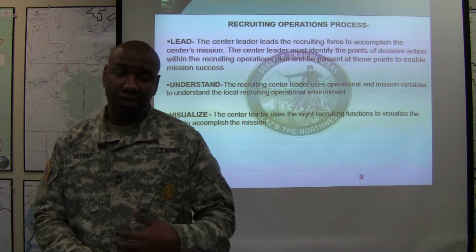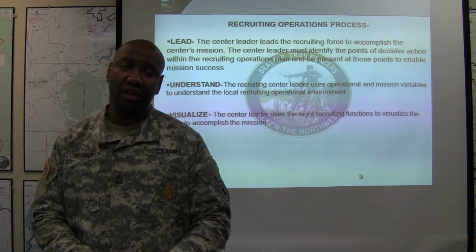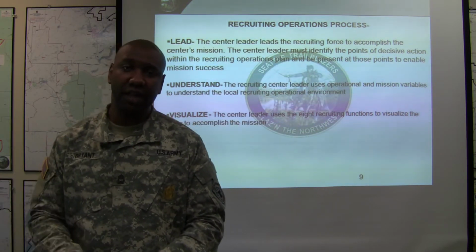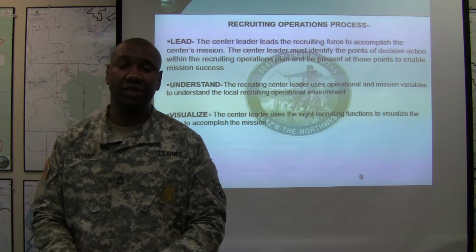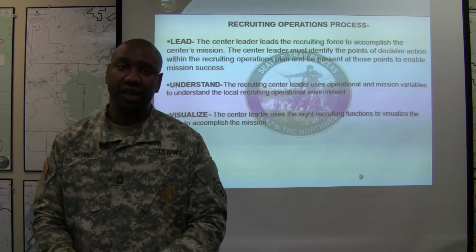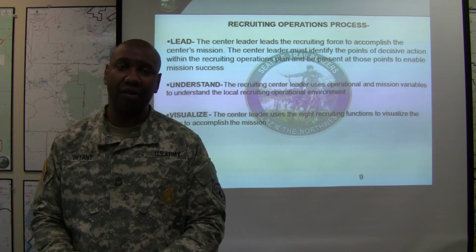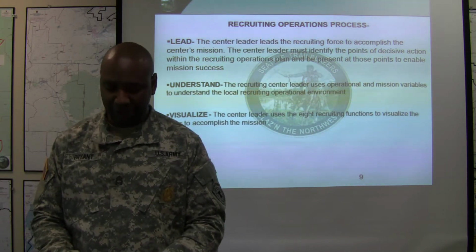So those are some considerations at the center level: recruiters go out, gather intelligence, and bring it back to the center leader. The center leader takes that information and visualizes how the center is going to make its mission.